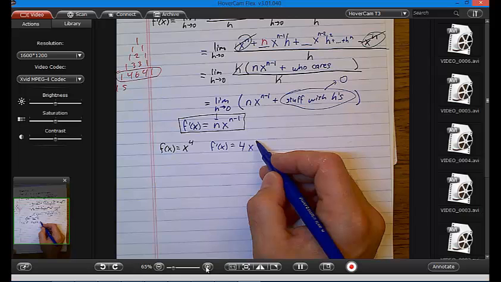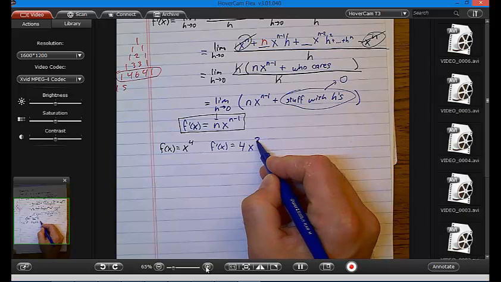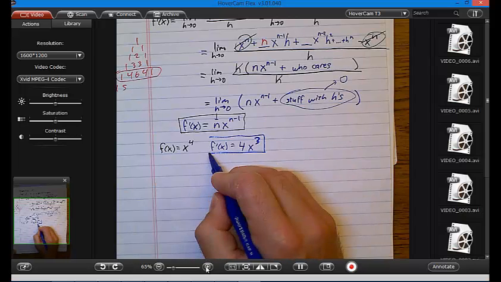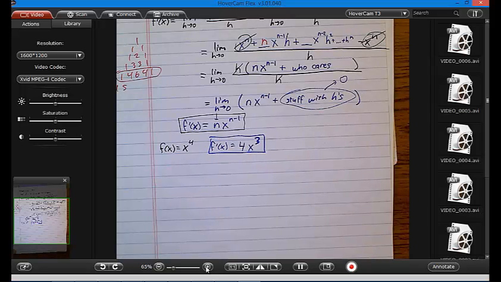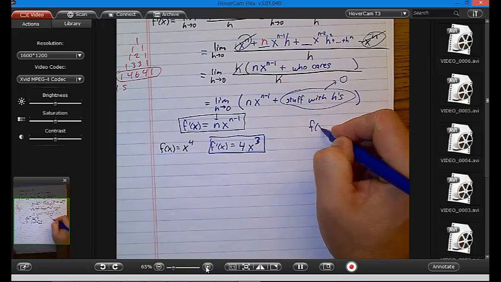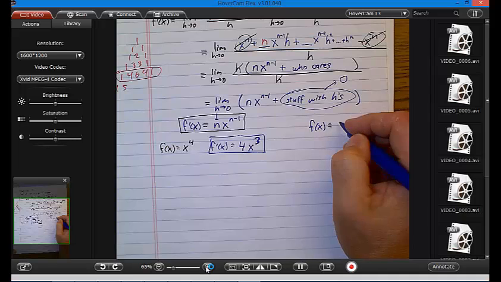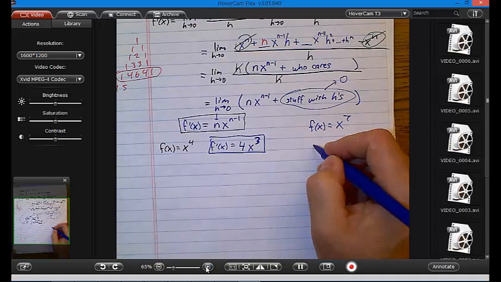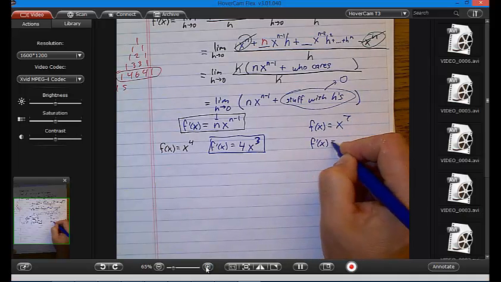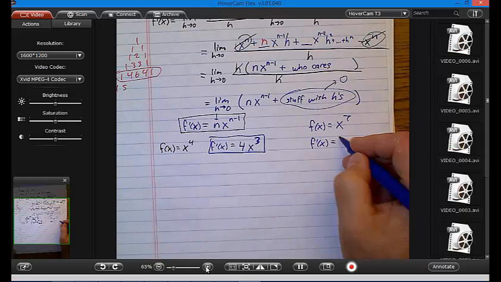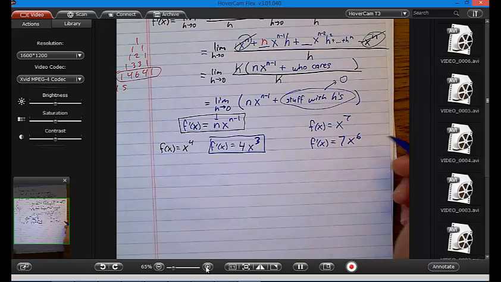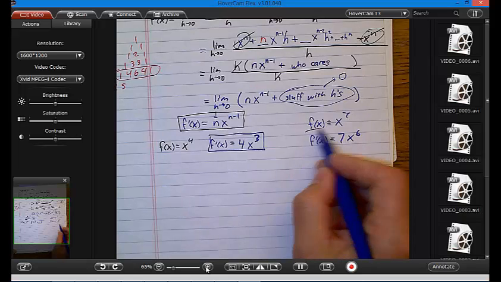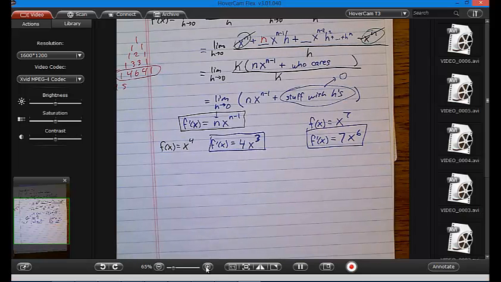N minus 1 would be 3. Done. Well, isn't that nice? Does it always work? Here, let's try this. F of x is x to the 7th. F prime of x would be bing, bing, done. Ha-ha. Well, that's kind of nice.